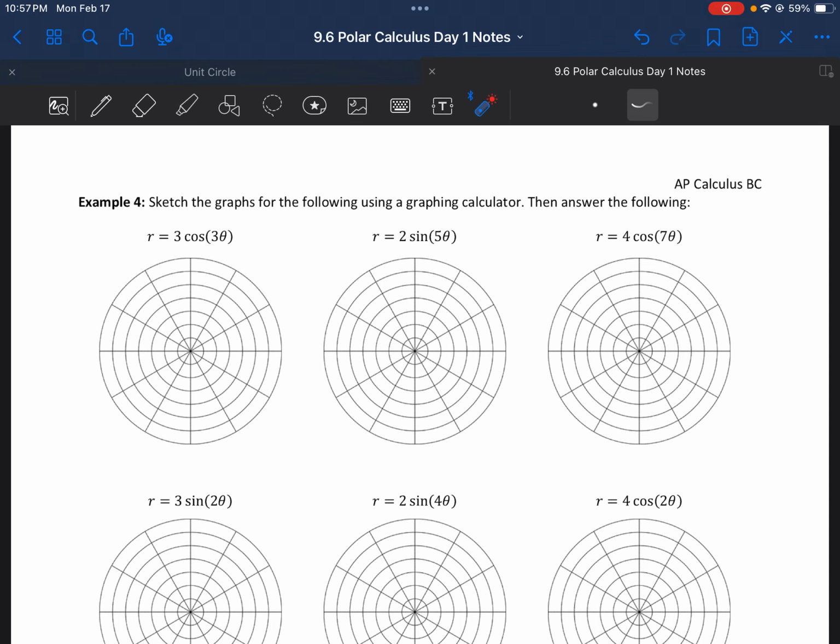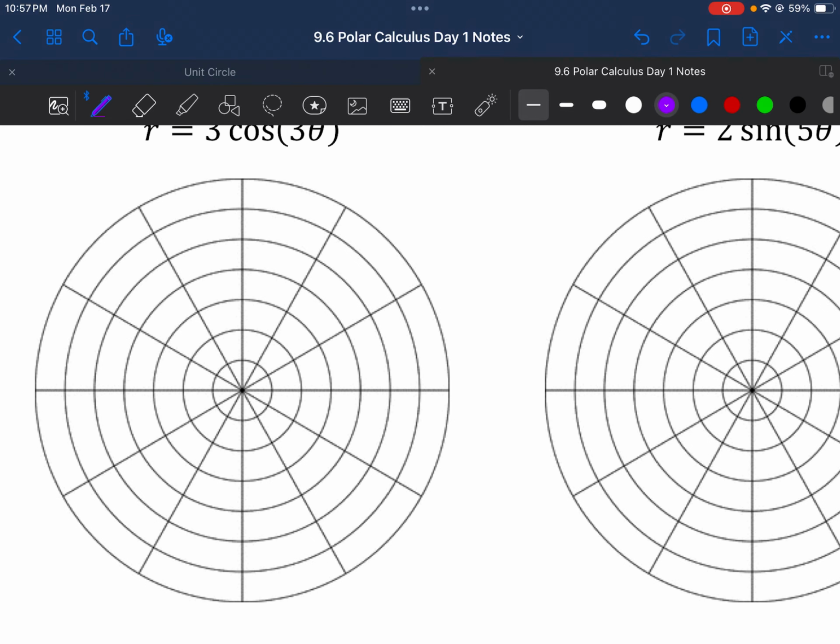Take a moment to graph them. I'm going to go ahead and graph them to the best of my ability. They're probably not going to look perfect, but let's go ahead and try it. So 3 cosine of 3 theta, if you were to graph this, would look something like this.